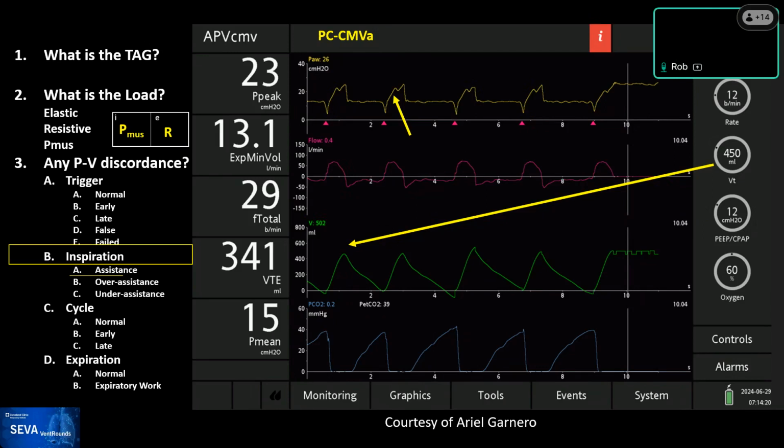So air trapping in pressure control for a passive patient just decreases the tidal volume. If the patient makes an inspiratory effort on top of that and relaxes on top of trapped gas, then yes, that will elevate the plateau pressure as well. So it's a good observation.